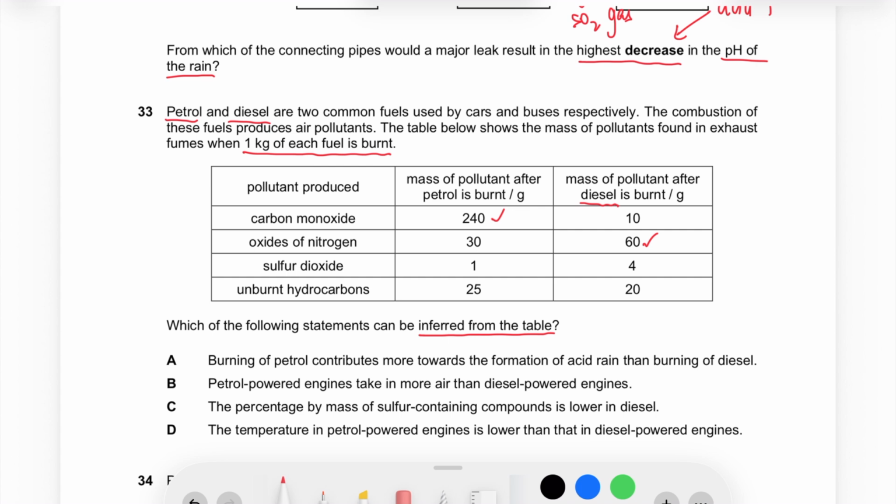Acid rain, this one. So this will only give you 31, but this will give you 64. So burning of petrol contributing more is not true. Diesel is the one that will contribute more. B, petrol-powered engines take in more air. Let's see.